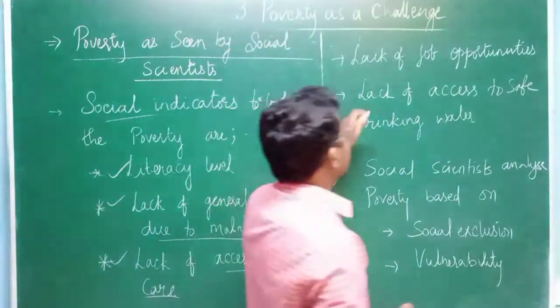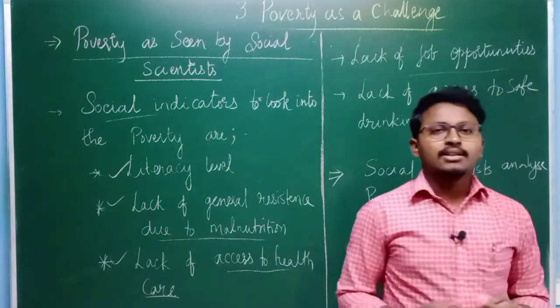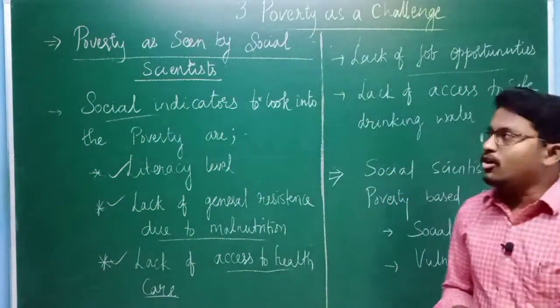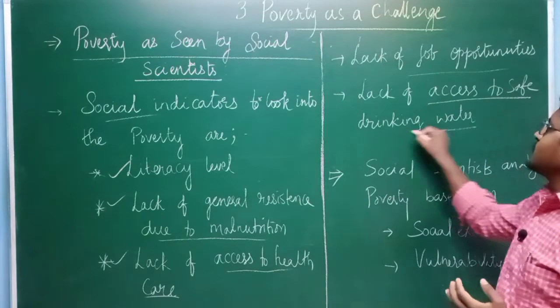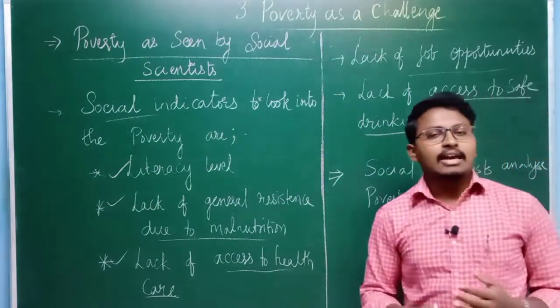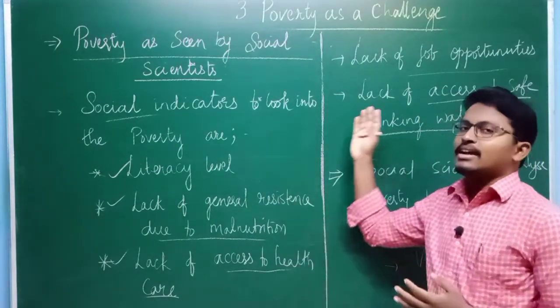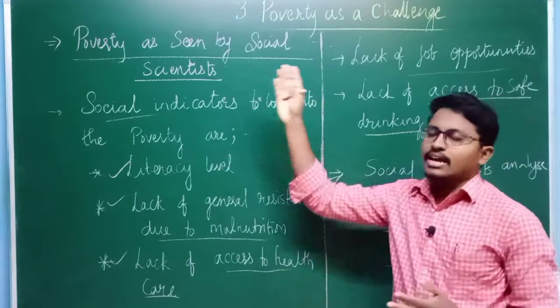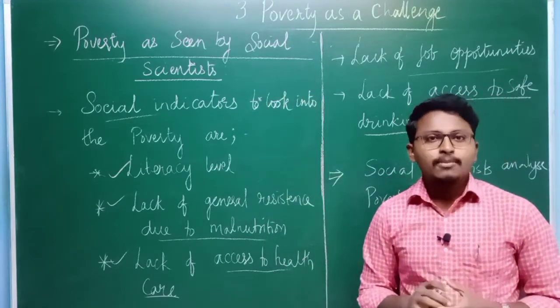And lack of job opportunities, that means whether they can get a job. Then lack of access to safe drinking water, sanitation, etc. So all these indicators are used by social scientists to measure poverty.